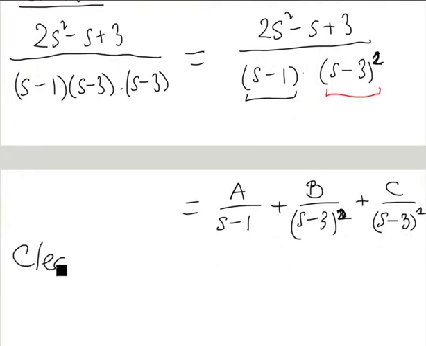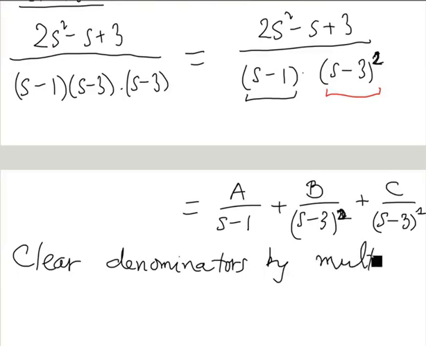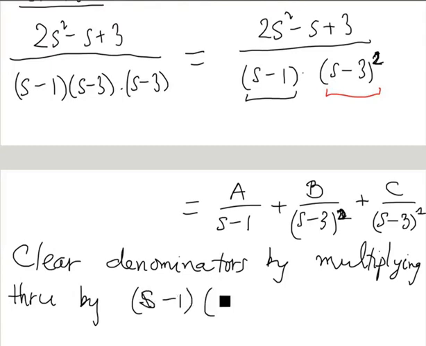Now, clear the denominators by multiplying through by the entire denominator, so s minus 1 times s minus 3 squared.